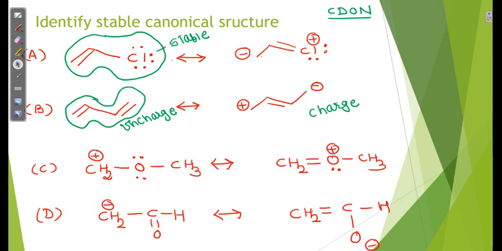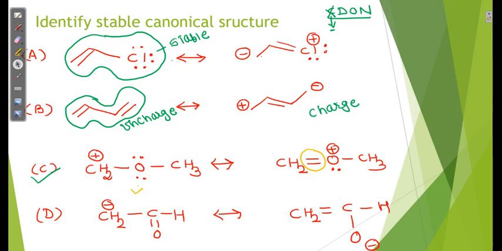Let us come down. Both the structures in C are charged. Both the structures have charge, so we are getting a similarity here. We cannot conclude from the C. Then move where? D, the double bond. Normally the double bond is more in this structure compared to this one.